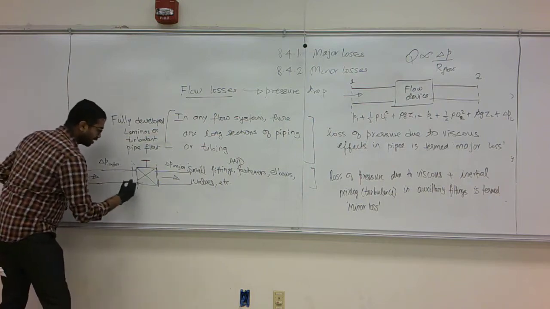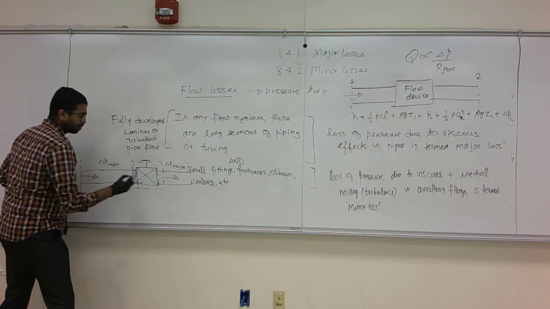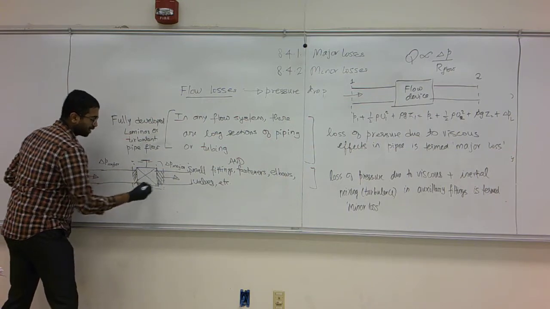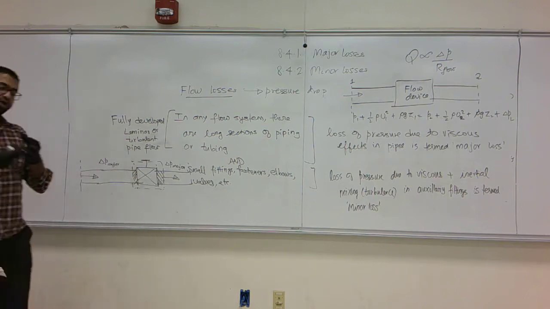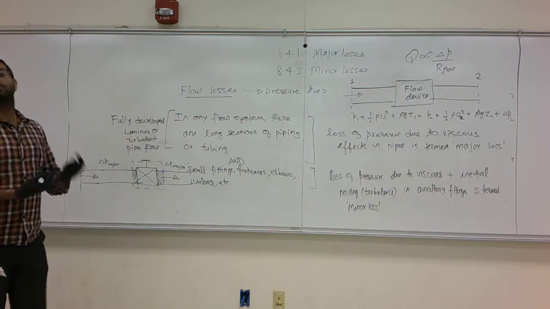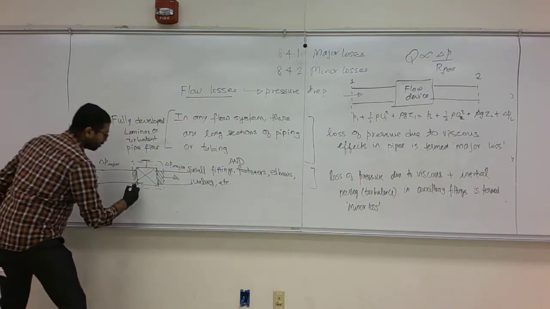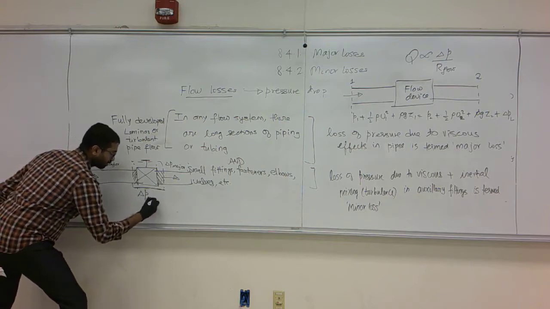And in between here, where you include the developing length of the pipe, and also the valve through which there is a curving section, there is bending, there is friction, there are all sorts of flow complexities. The pressure loss across this is termed as a minor loss.